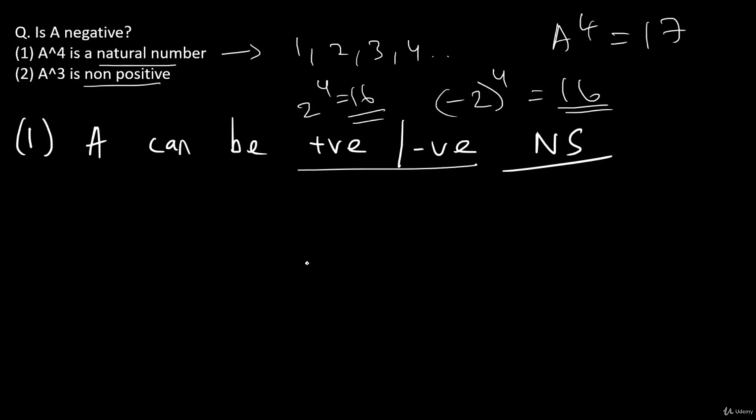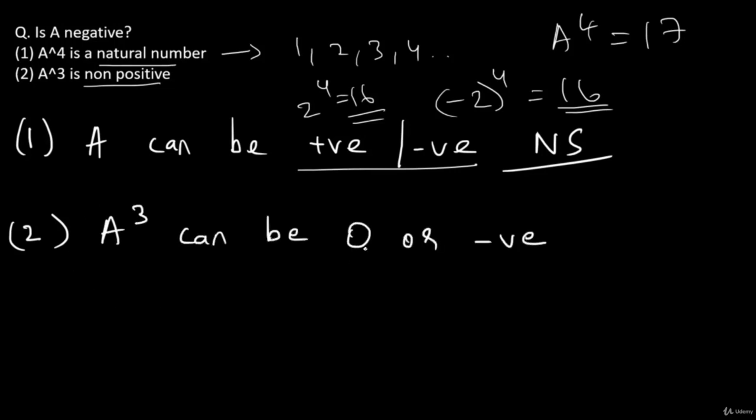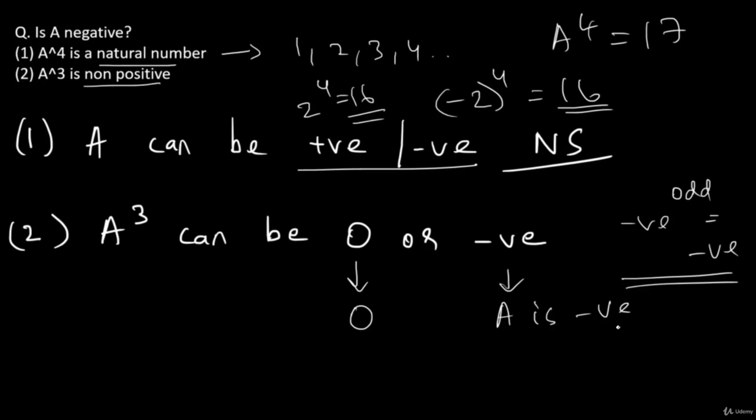What about statement 2? It says that a cube is non-positive. Remember, non-positive and negative are not the same. Non-positive means it's 0 or negative. So a cube can be 0 or negative. If a cube is 0, then a is equal to 0, and if a cube is negative, then a also is negative, because negative to an odd power is negative.